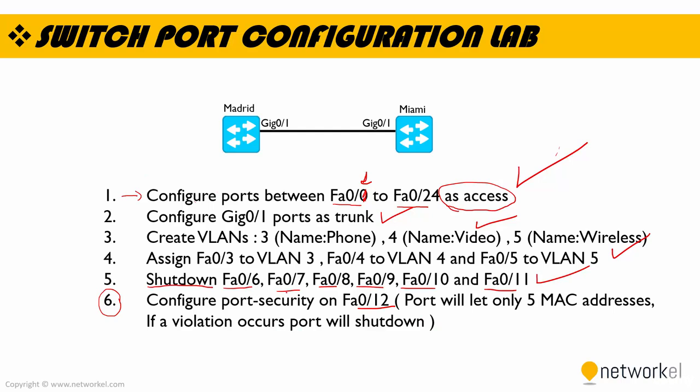Okay, let me make some explanation first. On the Fast 0/12 port, let's say that we have a hub device. On the hub device, we have 5 PCs connected.